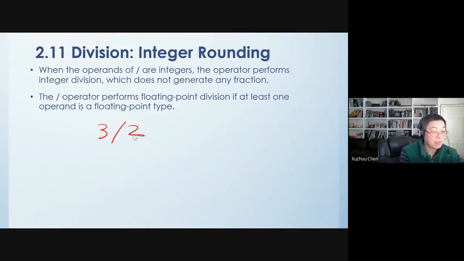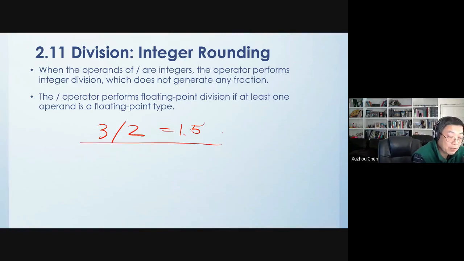In math, 3 divided by 2 equals 1.5, right? That's math. But in a computer language, using Java, if you say 3 divided by 2, what is this going to give you?